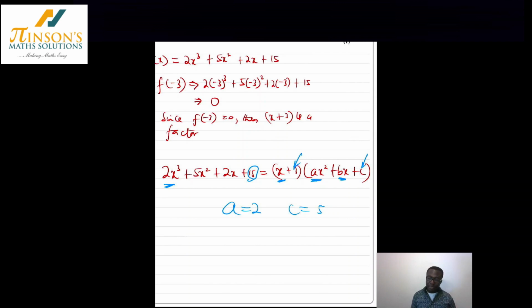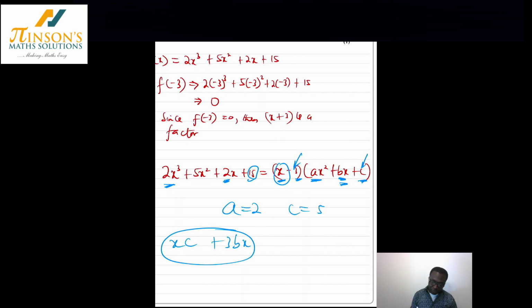Our b is linked to the coefficient of x, which is this 2 here. We could use that to help us. So how do we get the coefficient of x? We can get the coefficient of x when we make this x times this c. That gives us x and c. And then we are also able to get our 3 times this bx, so the 3 and the bx will give us the coefficient of x.